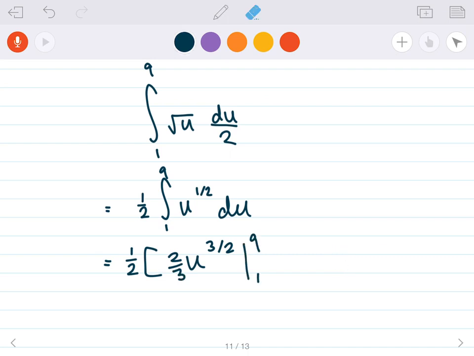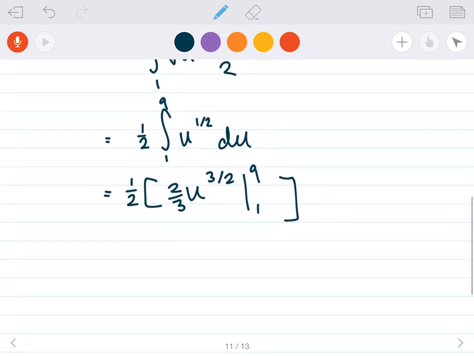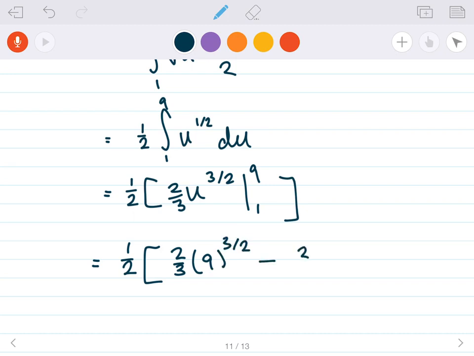Using the fundamental theorem of calculus, this is going to be 1/2 times 2/3, 9 to the 3/2, plugging in 9, minus 2/3 times 1 to the 3 over 2.